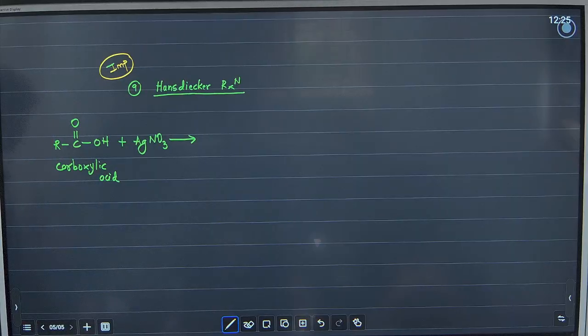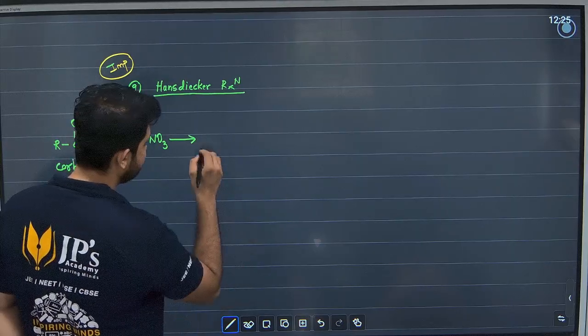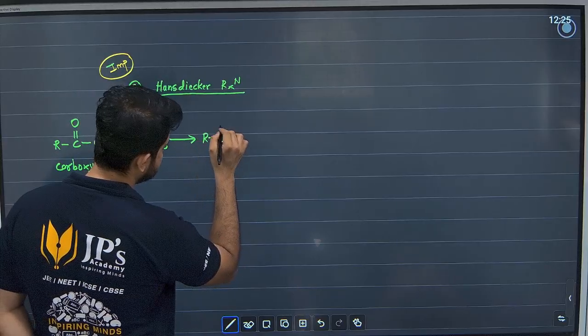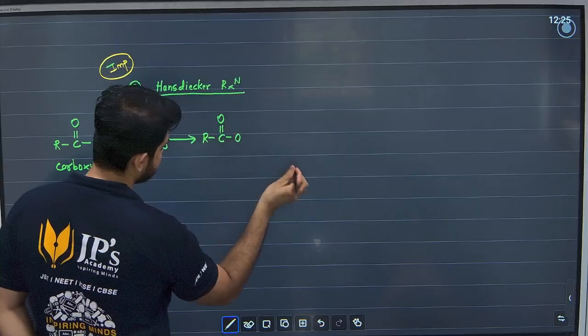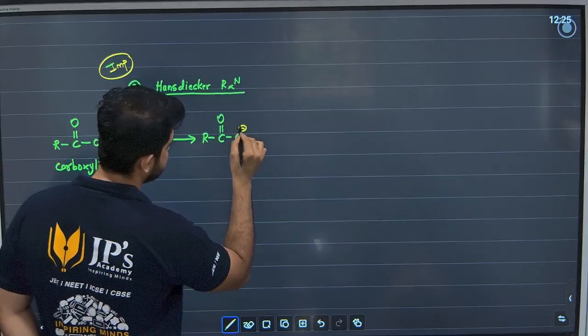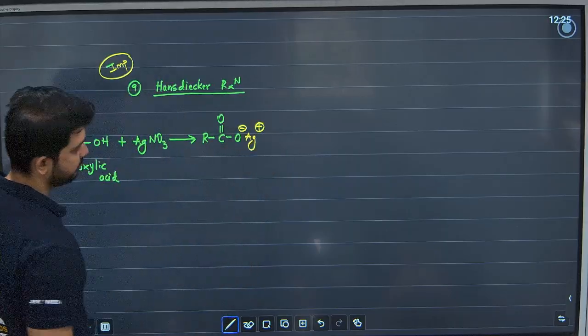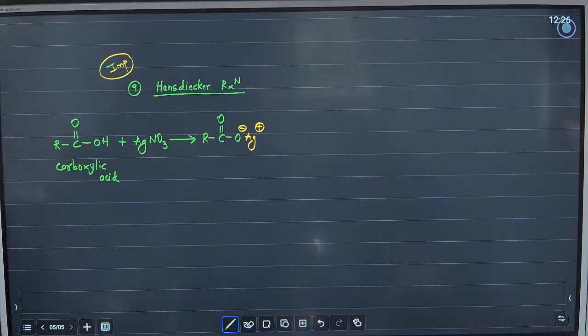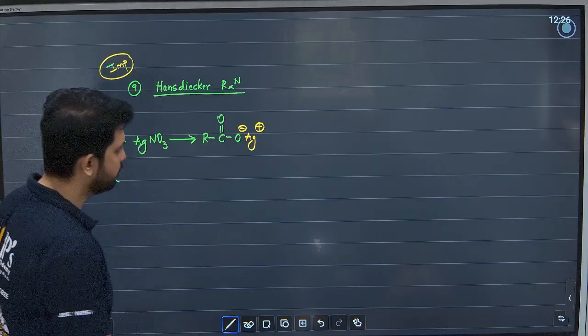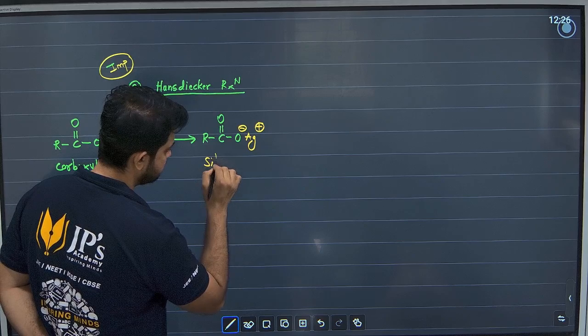Okay, what you get here is a silver salt of carboxylic acid, a silver alkanoate बोलो या silver salt of carboxylic acid.